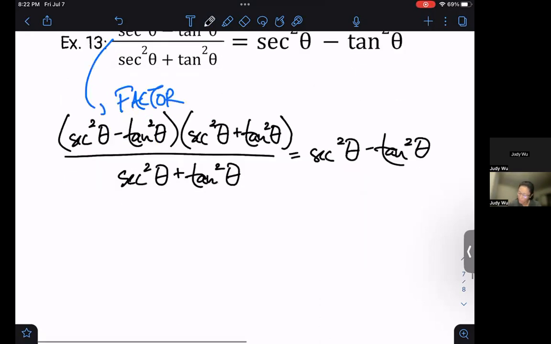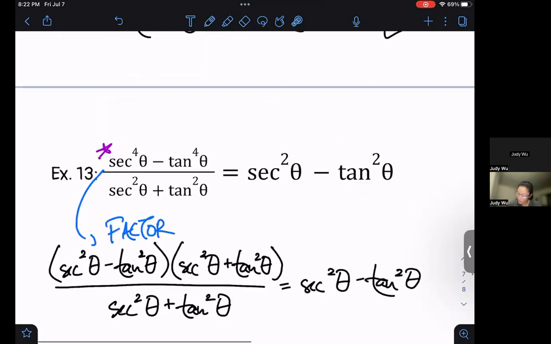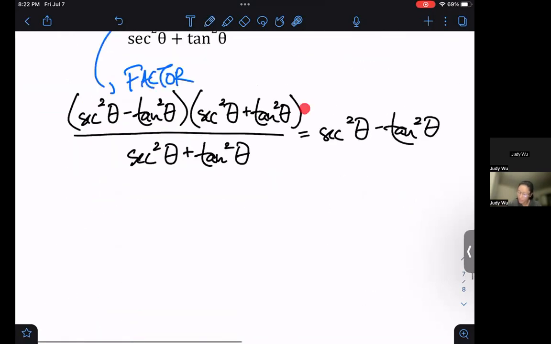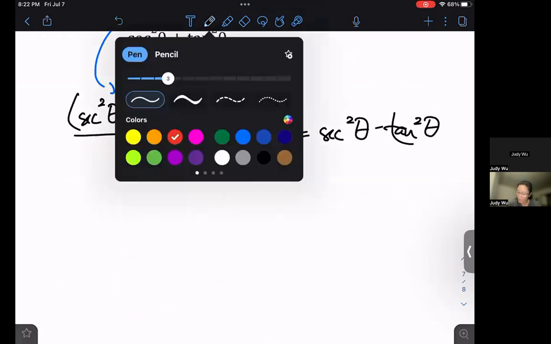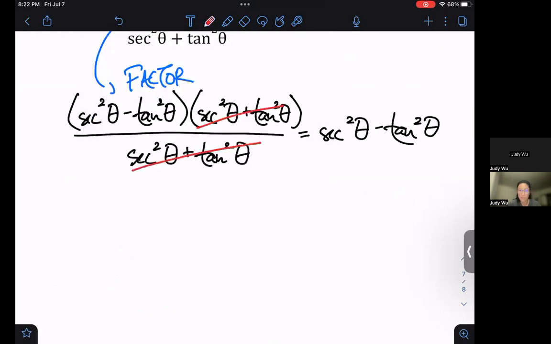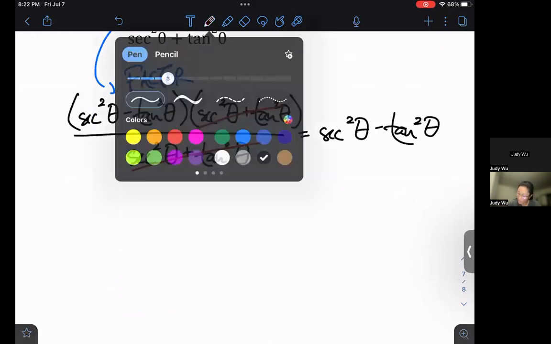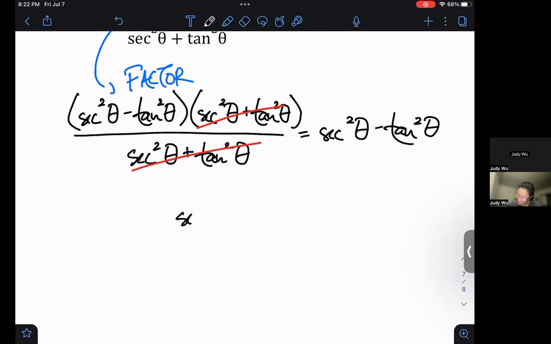Okay. All right. What do we notice here? This term is exactly the same as this term. That allows us to reduce them to 1. And we are left with secant squared theta minus tangent squared theta equals, oh my gosh, we're already done.